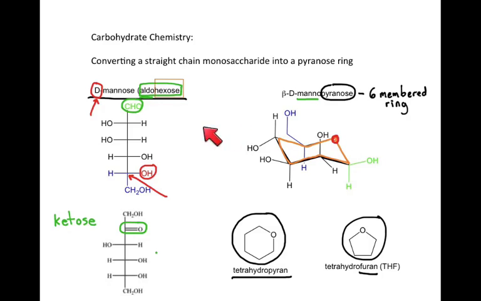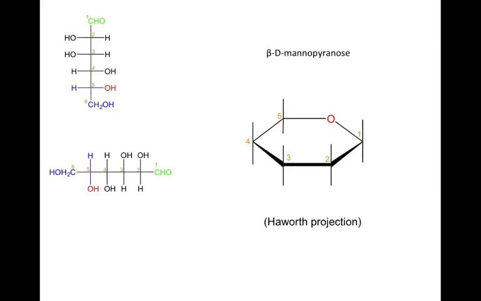So we are going to convert our straight chain monosaccharide into our pyranose ring. That's a 6-membered ring. We're working with D-mannose as the aldohexose and converting that into beta-D-mannopyranose, and that represents that we have our 6-membered ring. So now let's go through the process on exactly how to do this.